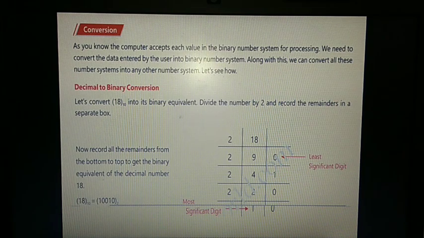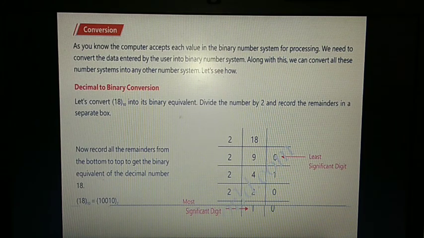Hello students, in my previous video I had explained the presented slide about the topic conversion. I have even explained how you convert your decimal number system to the binary number system.